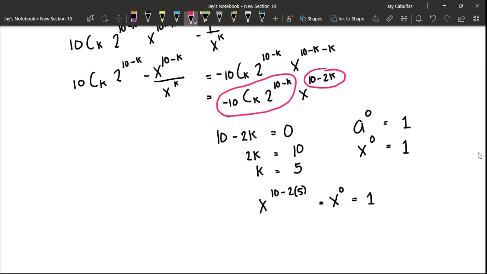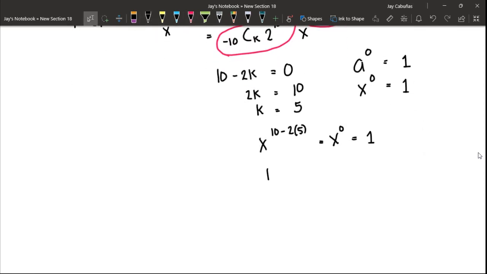Okay, so since this problem only asks for the r-th term, we know again that k is equal to r minus 1, and we already know the value of k, that is 5. So we have r minus 1 equals 5, so therefore r here must be equal to, of course, 6, correct?